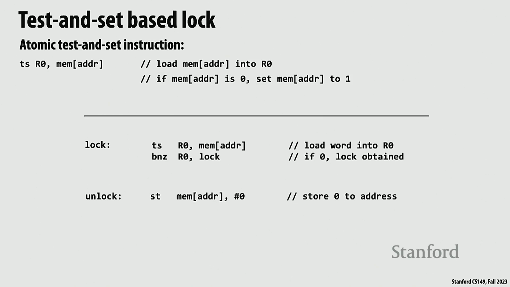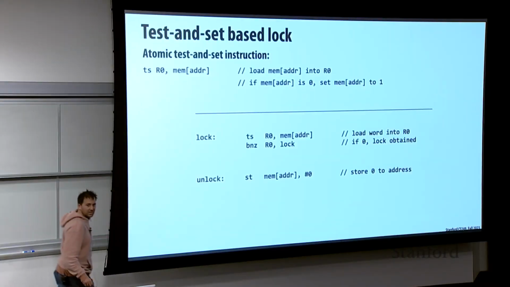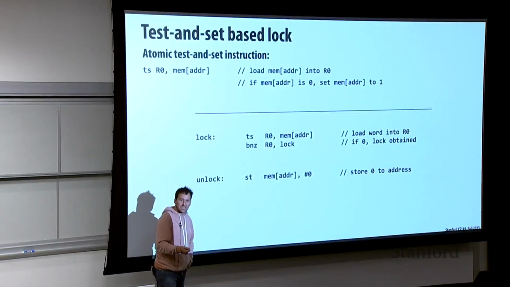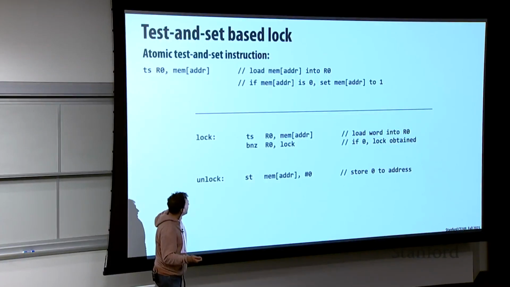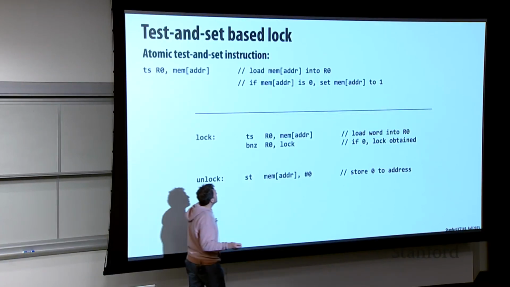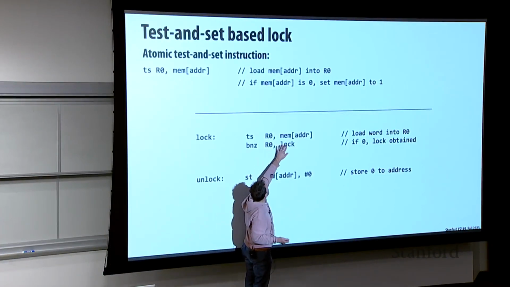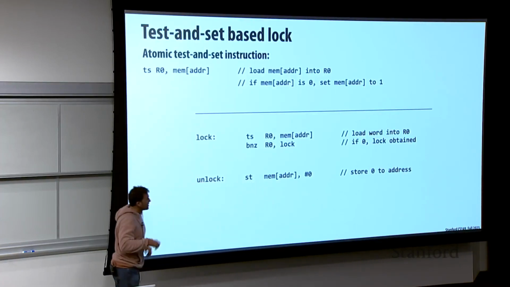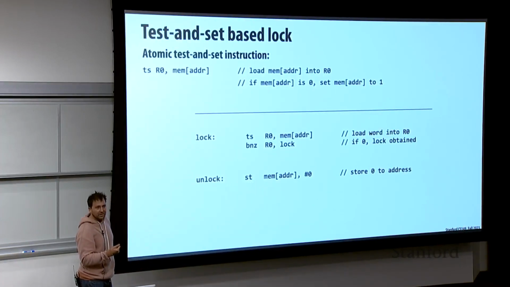And here, what is the lock procedure? The lock procedure is to try and execute one of these test and sets, which stores the value loaded from memory into this register. So I'm going to read the value from memory, and if it's 0, I'm going to set it to 1, all in one step.